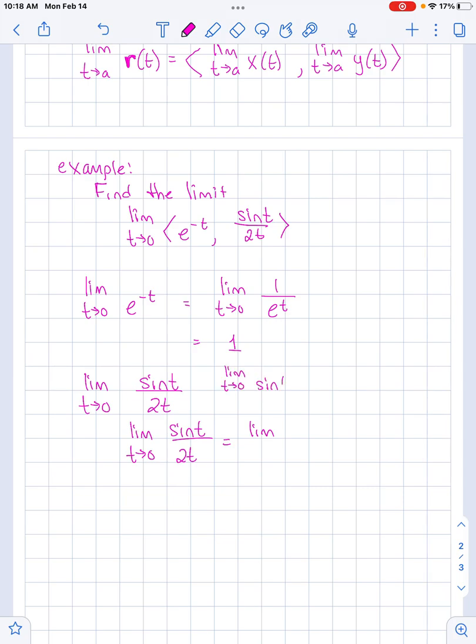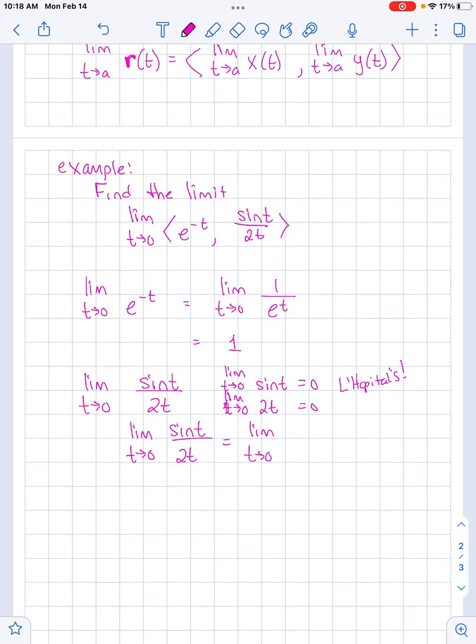The limit as t approaches 0 of sine t equals 0. The limit as t approaches 0 of 2t is also 0. So L'Hopital's rule. Look at those limits separately, not together.